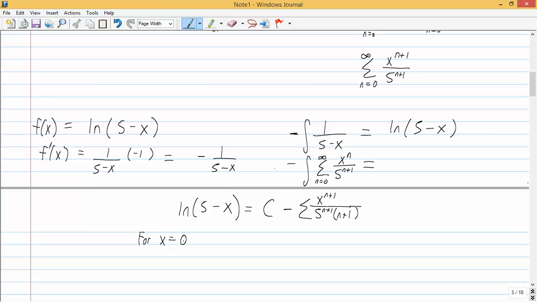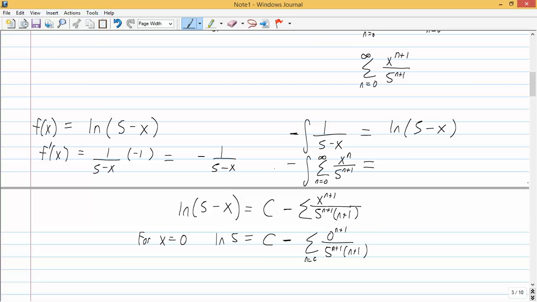So if I plug in a 0, I'm going to have the natural log of 5, because that would be a 0, equals c minus, again, I'm plugging in a 0 for x, so this is 0 to the n plus 1 power over 5 to the n plus 1 times n plus 1.